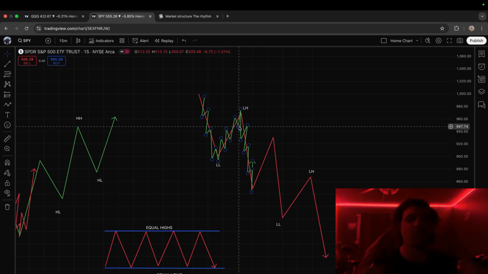But we want to follow the trend, okay? As beginners, and ultimately for myself as well, I am a beginner, but ultimately you want to follow the trend and trade the trend. You don't want to trade the pullbacks. You can trade the pullbacks, but that is a riskier way to play the game. You get what I'm saying?